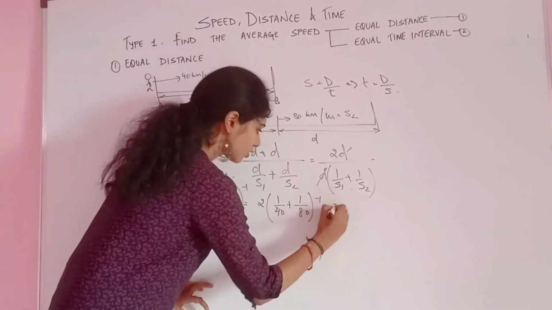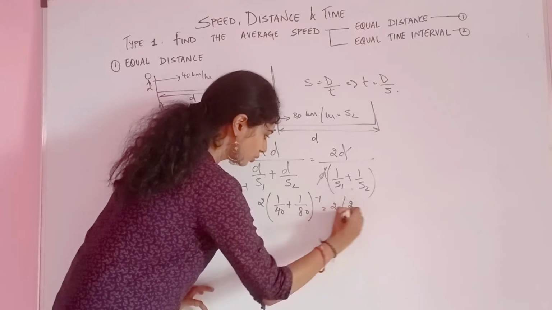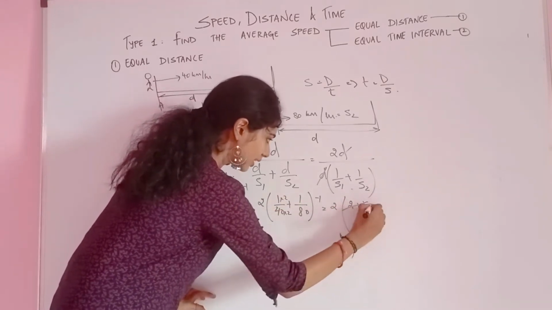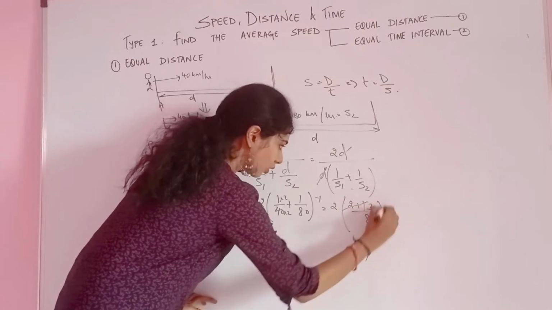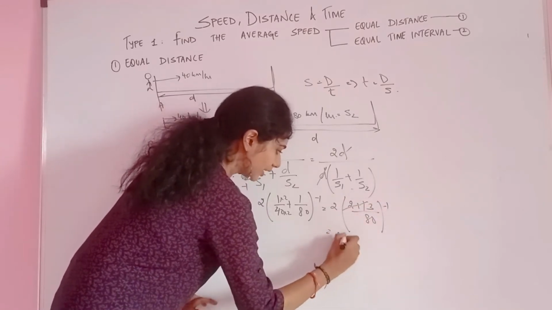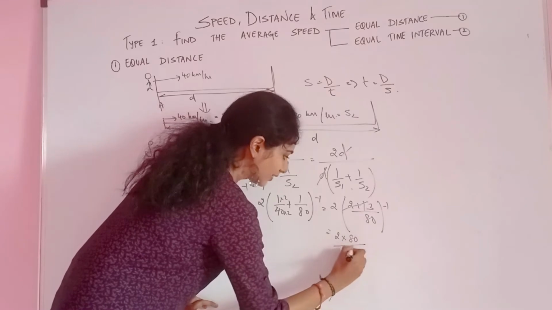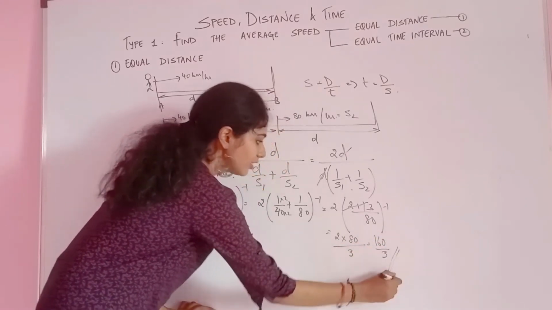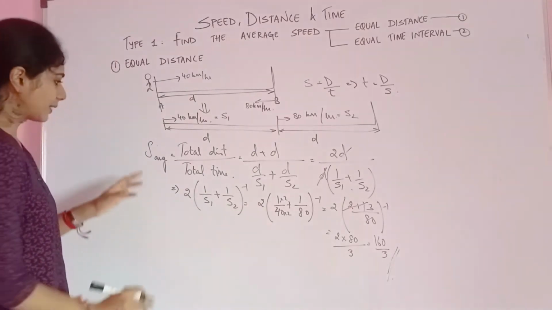Multiplying 2 on both sides, that is 2 plus 1, 3 by 80, the whole inverse, which is 2 into 80 by 3. So 160 by 3 km per hour is going to be the average speed.